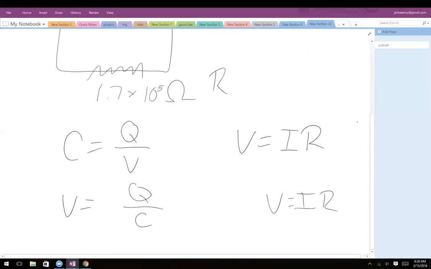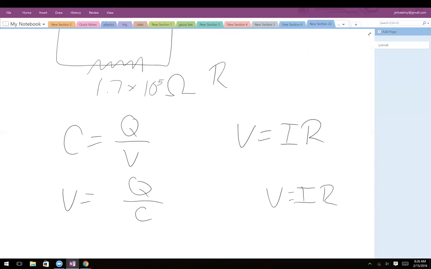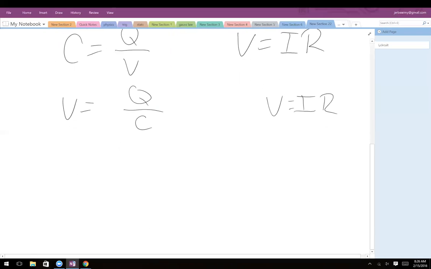So the first thing is, at least in this book and in a lot of books, whenever they want to say current or resistance, but they're not constant, they write it with a small case letter instead of capital. So first thing we're going to do is say, well, really this is not constant, so it's Q over C and I times R. And then the second thing we want to think is, okay, well, we've got two different things that are changing.